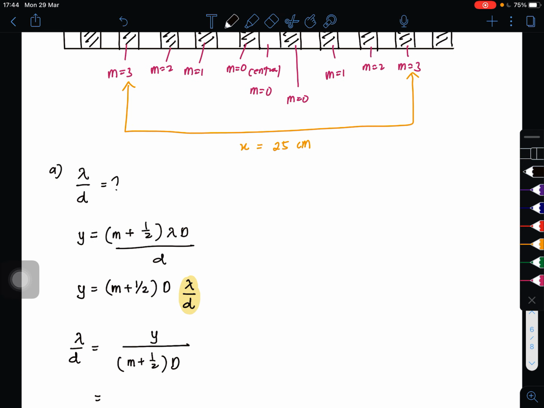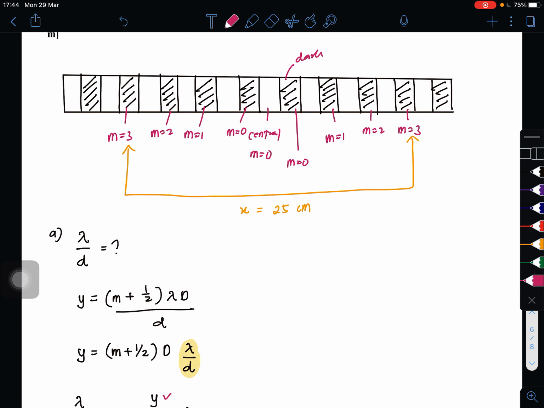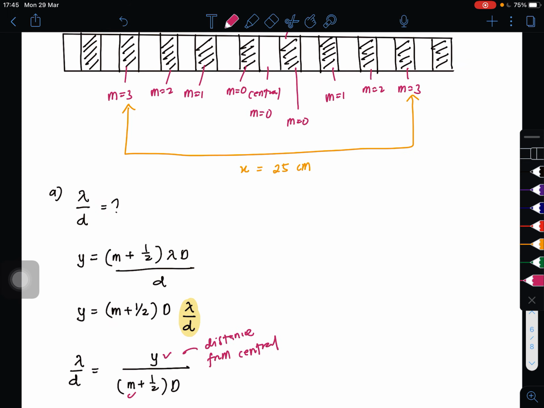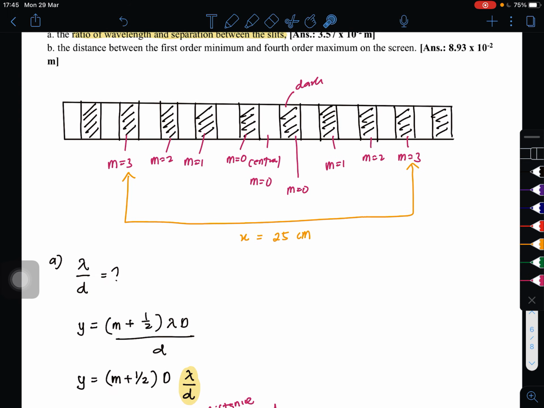Okay, before that, kita tiada value for Y. Y dekat sini. And then M dekat sini. Okay, since dia bagi tahu M adalah sama dengan 3, right? So maksudnya because Y ni, Y dekat sini adalah distance daripada from central. Y mesti always distance from central. Okay, so now here, ni kan kita punya central, this one, this is our central.